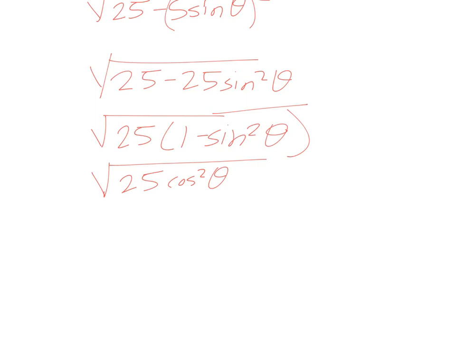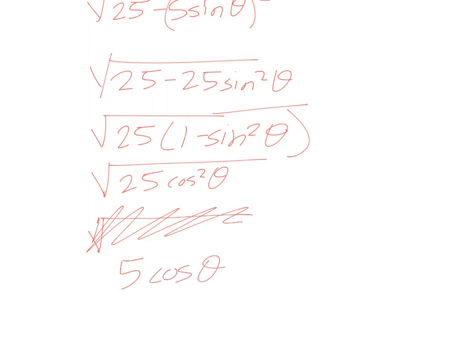Okay, and now I can take the square root of both components, since it's a product, meaning I'm multiplying them. So, oh, there's no square root anymore. We don't need a square root. We're done with that. So we have 5 cosine theta. And that's all there is to that. We're done.